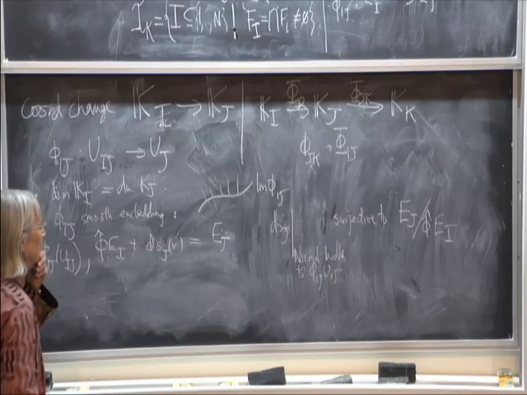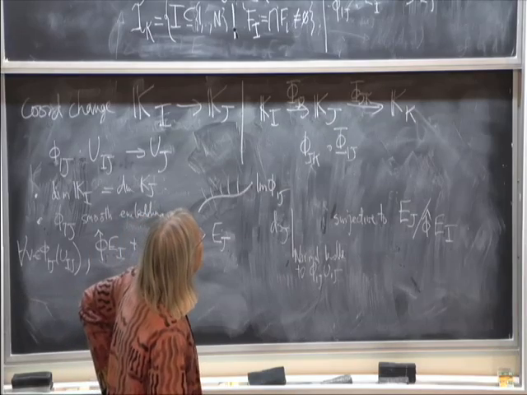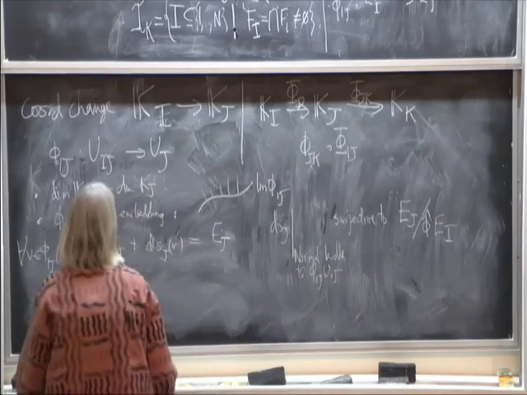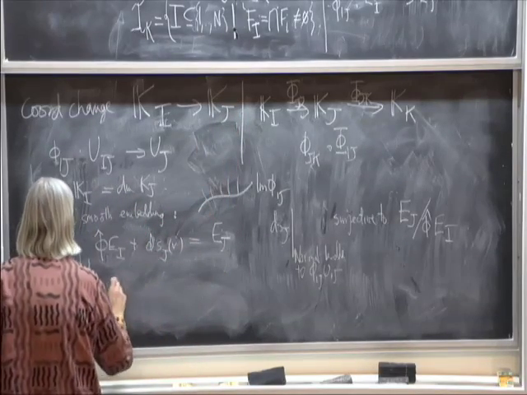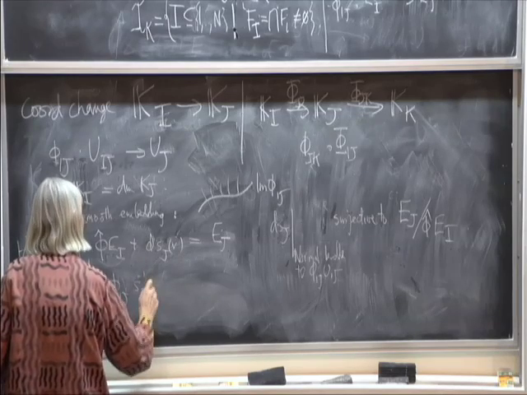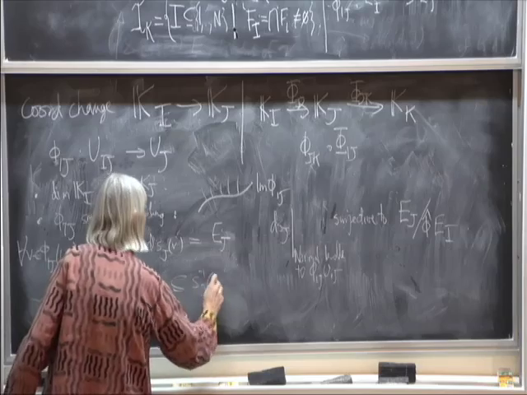The point is that if we have this commuting diagram that intertwines, this map phi ij is going to take Si inverse of 0, which is certainly going to be contained in Sj inverse of 0.